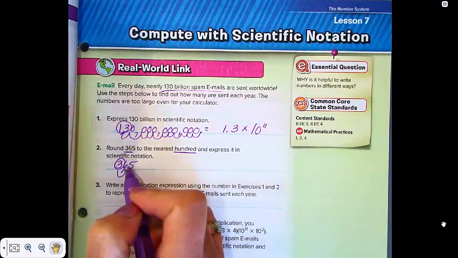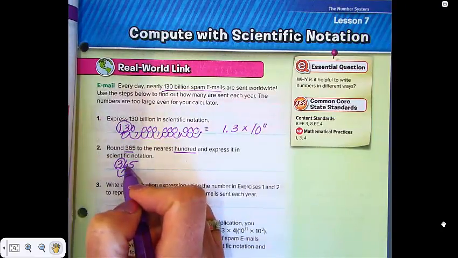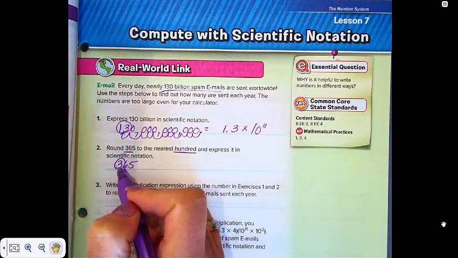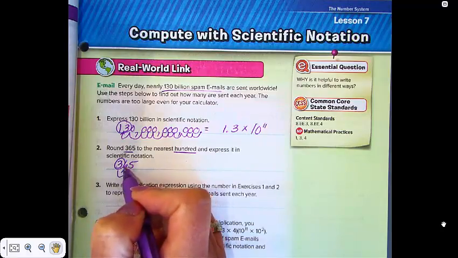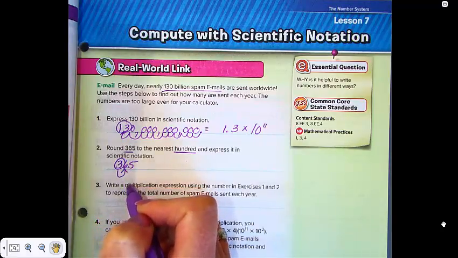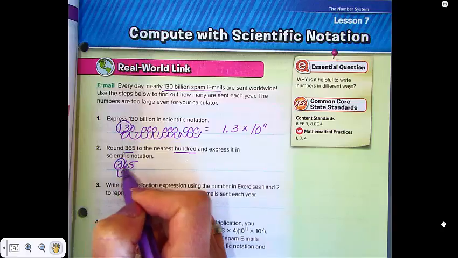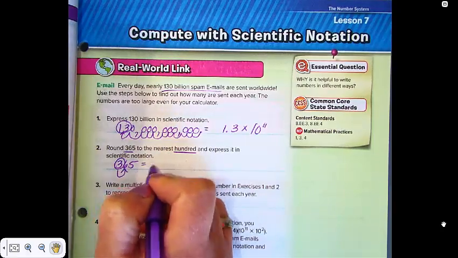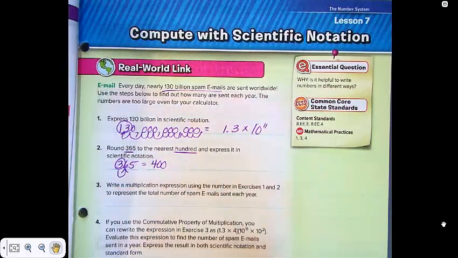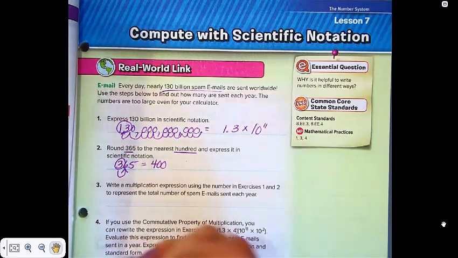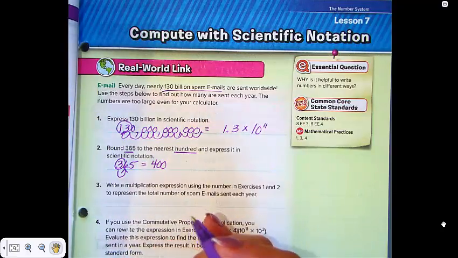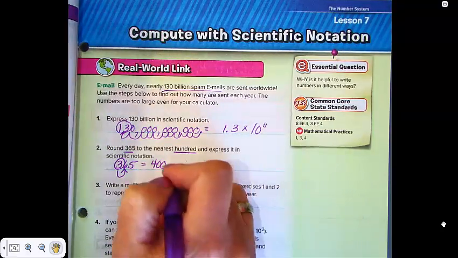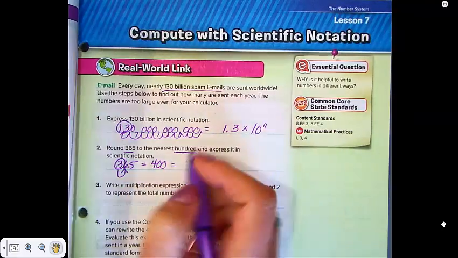If this number is 5 or above, then I round this to 400. If this number is below 5, then I leave it at 300. Well, since this number is above a 5, I'm going to round it up to 400. So 365 rounded to the nearest hundred is 400, and now I want to express that in scientific notation.